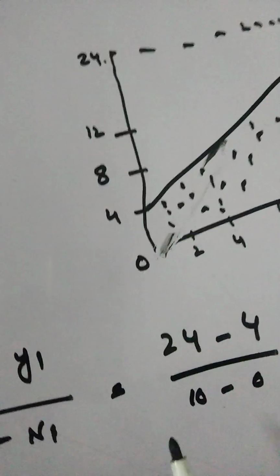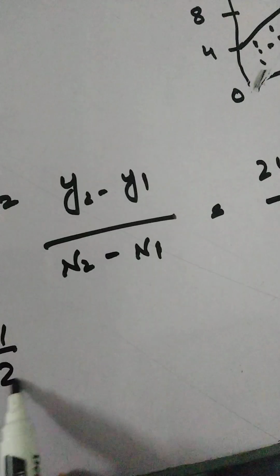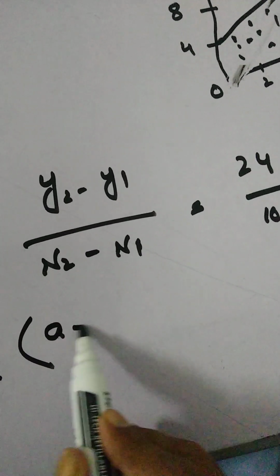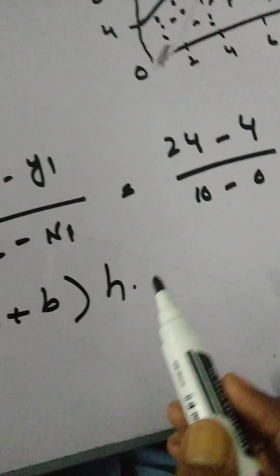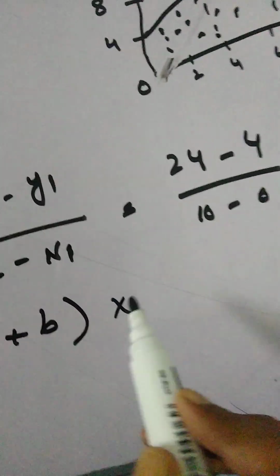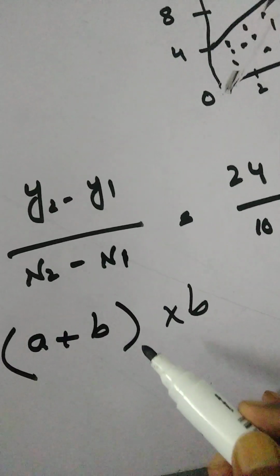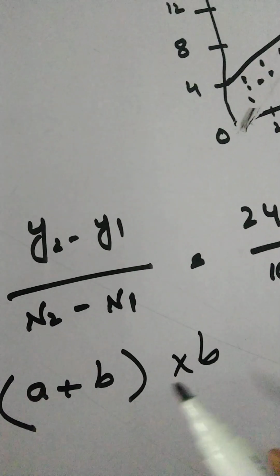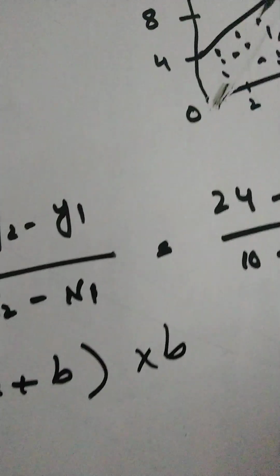So we will put the formula of the trapezium: distance is 1 upon 2 times (a plus b) multiplied by the height. This is a simple formula for finding the distance covered by the car.